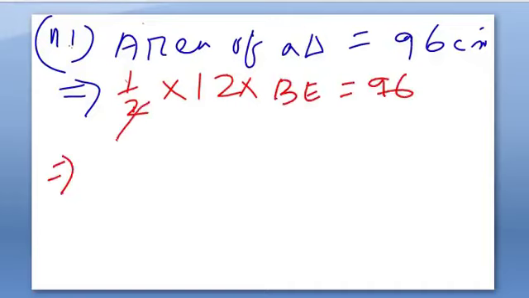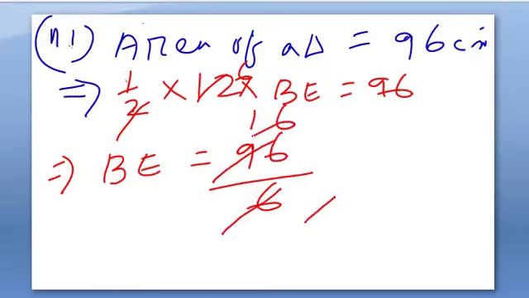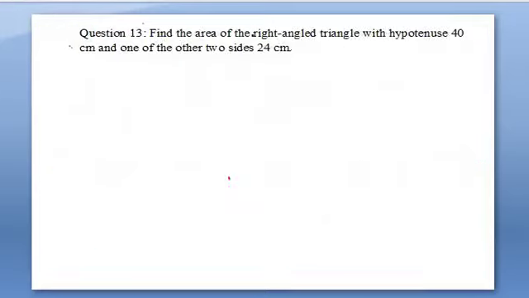This implies BE equal to 96 divided by 6. 96, 6 1 is 6, 6 6 is 36, equal to 16 centimeter. Therefore, you can write the length of the altitude towards the smallest side. Next come to question number 13, children.